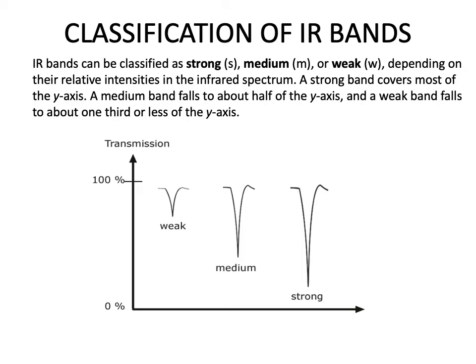For the classification of the IR bands, you see that we have three types: weak, medium, and strong.